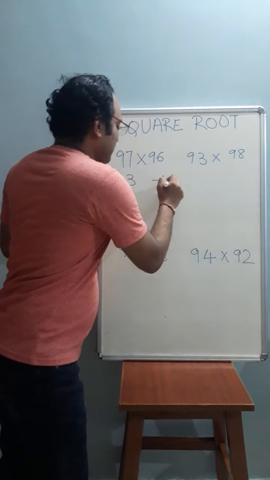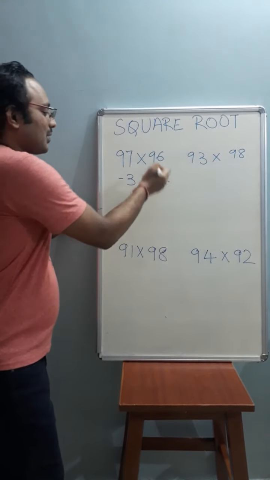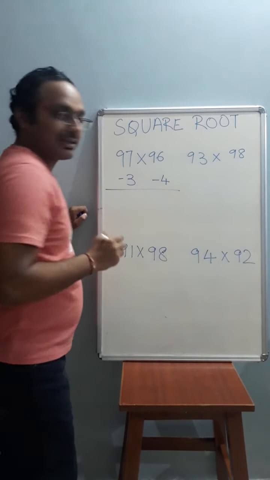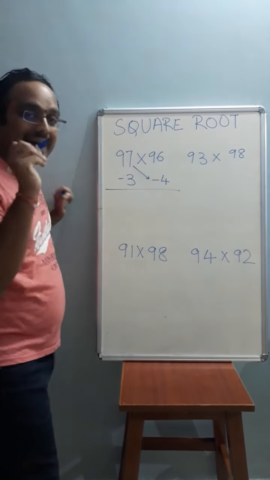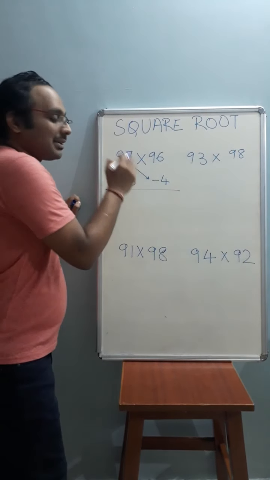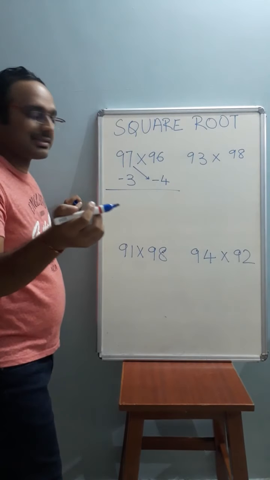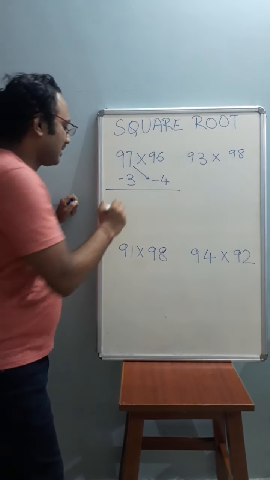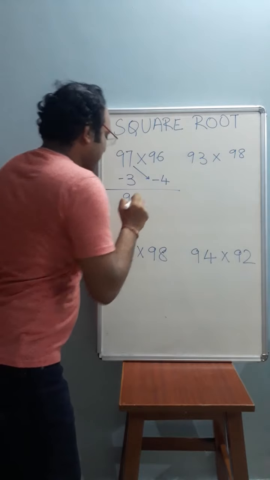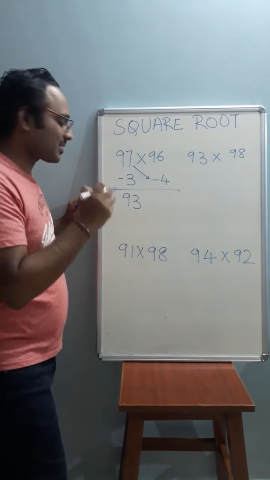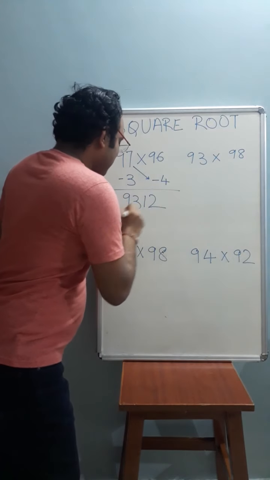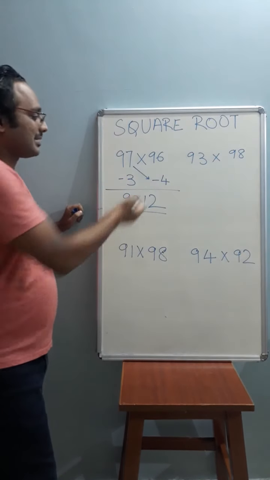Minus 4 because 100 minus 4 is 96. Now, the same thing applies. I would again say cross add. 97 plus minus 4 is 97 minus 4, that is 93, followed by minus 3 into minus 4 is plus 12. I would write it here 9312. This is our answer.